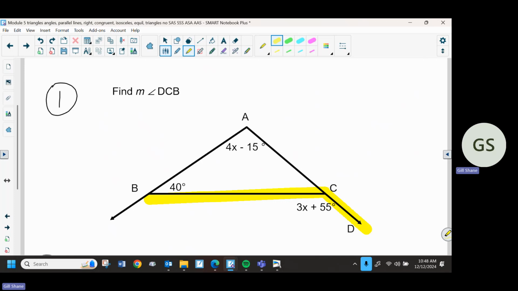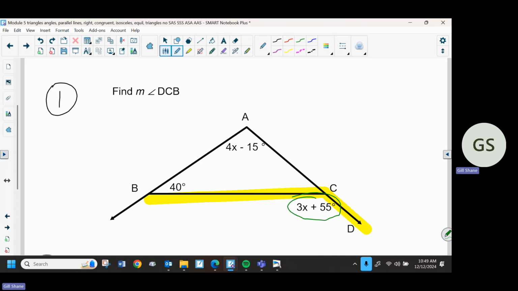I wanted the measure of the angle, not X. It's kind of like what we were just talking about, Joseph and Delaney. You have to read the question. I want the measure of angle DCB, which is what I just highlighted. So you would have taken the value of X and plugged it in and solved for that angle.